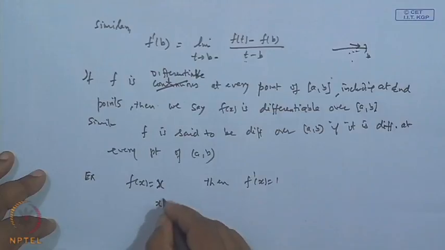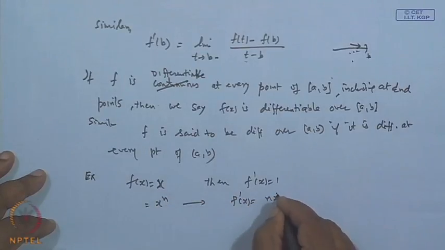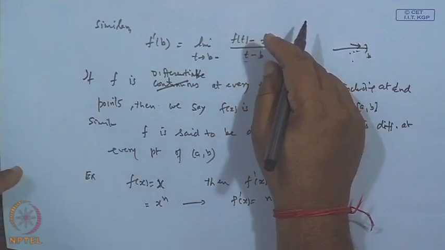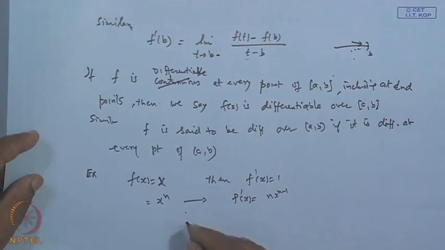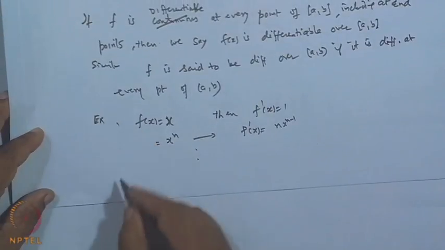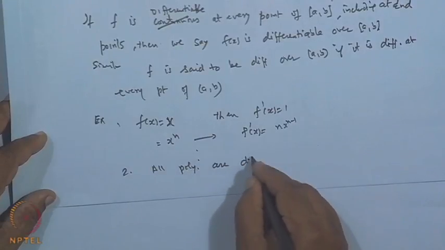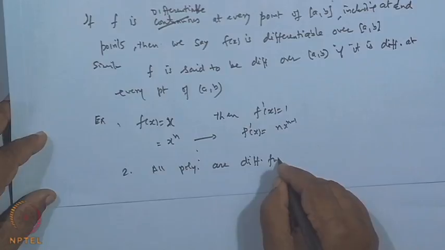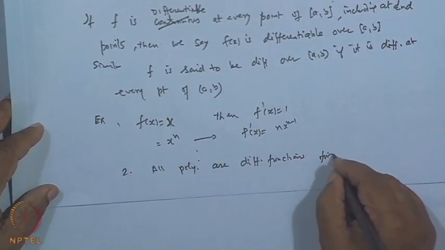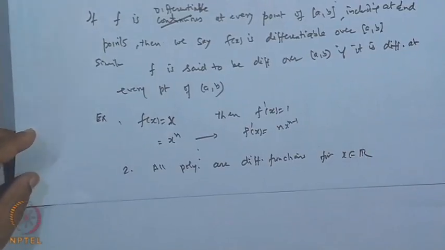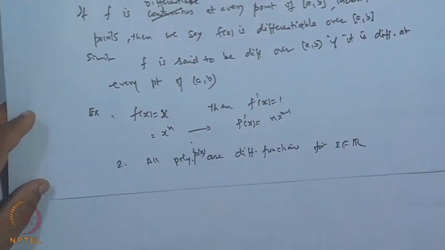In general, if f(x) is x to the power n, the derivative will be n x to the power n minus 1, which can be proved directly with the help of this definition. So, all polynomials are differentiable functions for each x belonging to R.